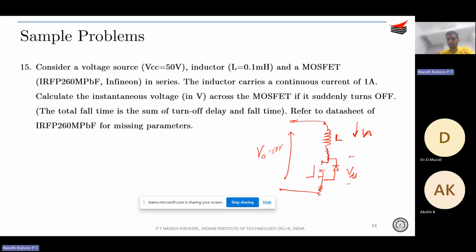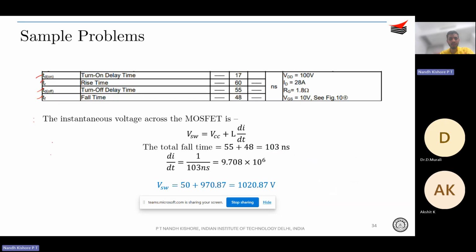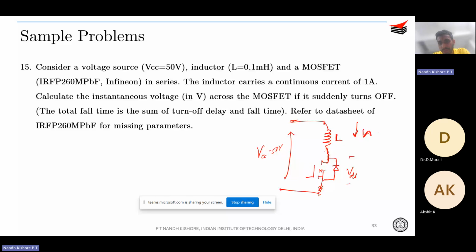So what would happen to the current? What would happen to the switch voltage? V switch will be as shown over here: VCC plus L di by dt. Why is it plus L di by dt? The switch is turning off, and the current is coming in this direction. So do not get confused and think it is VCC minus L di by dt.